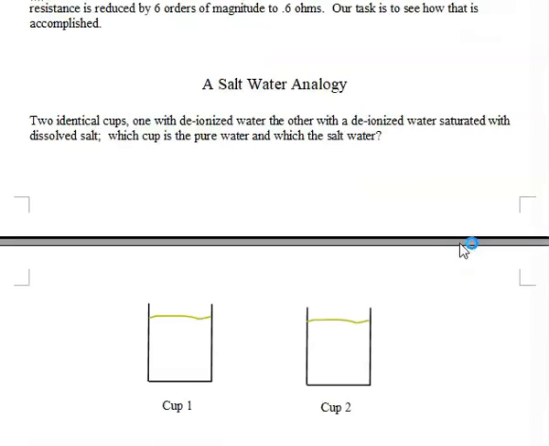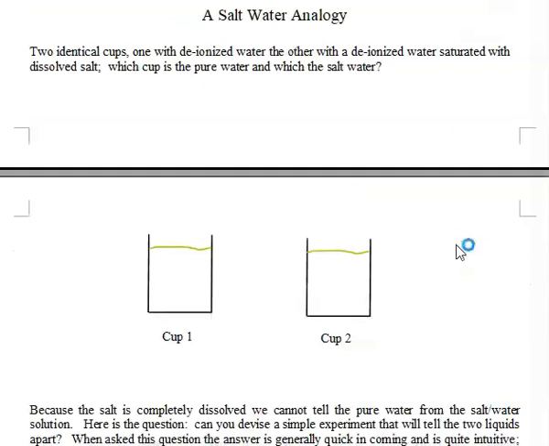So first, let's take a look at a salt water analogy. This is going to be a little bit obtuse, perhaps, and seemingly a little bit difficult to understand, but let's hang in there and see if we can get this.